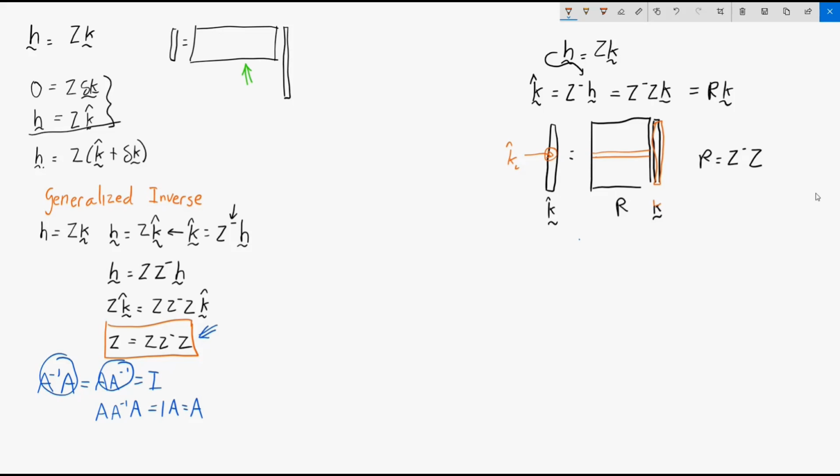It can be shown that the only way that the resolution matrix will equal the identity matrix is if the Z matrix is square and invertible. And of course that won't happen if a problem is ill-posed. So in general, we can't say that ki hat equals ki.